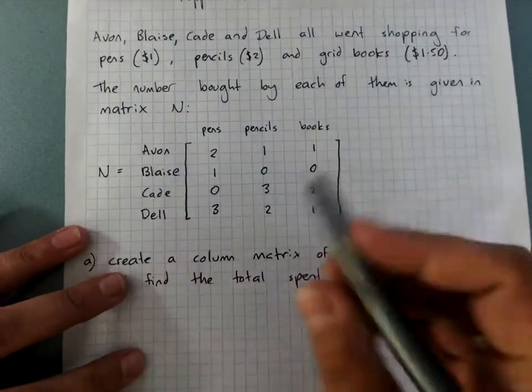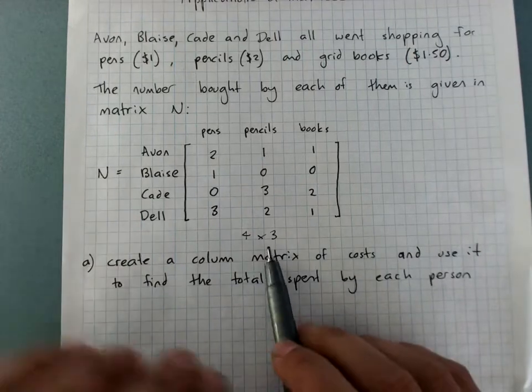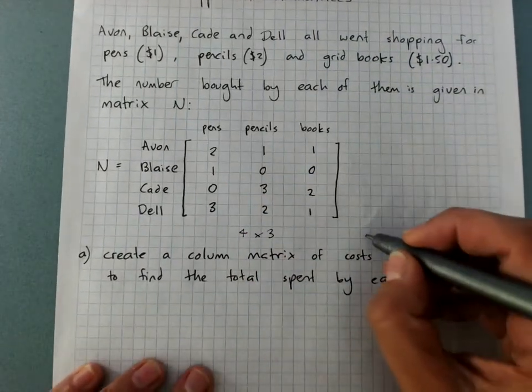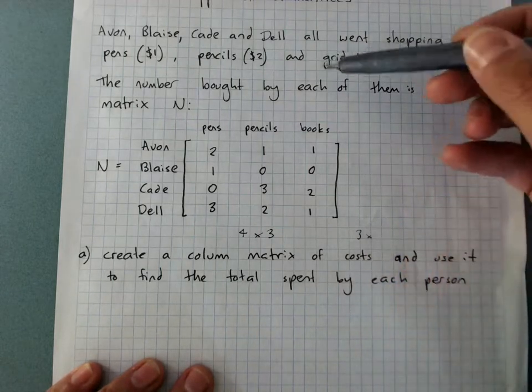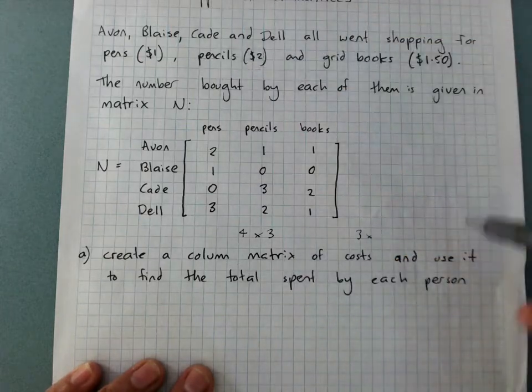4 rows, 3 columns, 4 by 3. So whatever I multiply it by will have to be a 3 by, and in this case it will be a 3 by 1 column matrix.